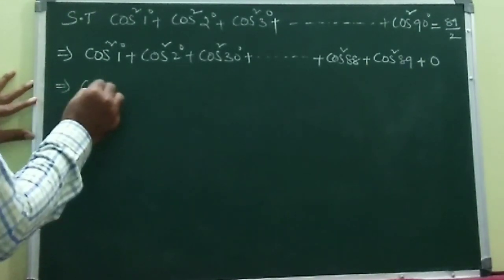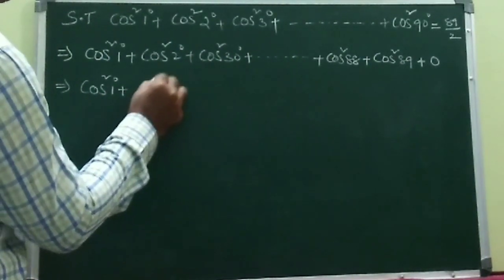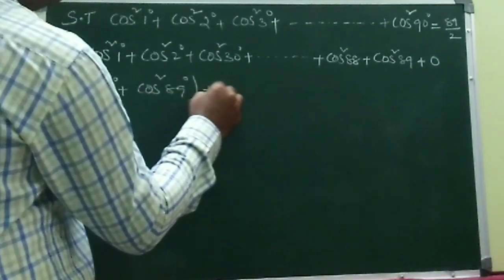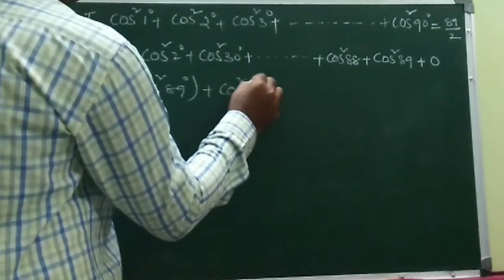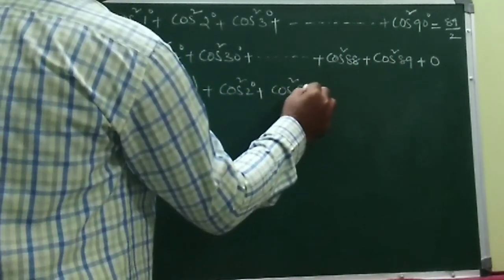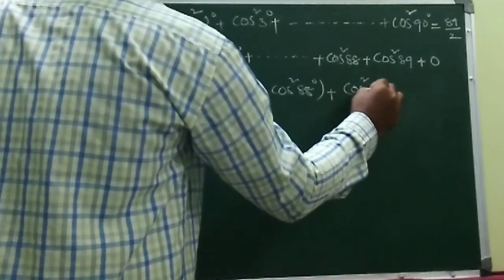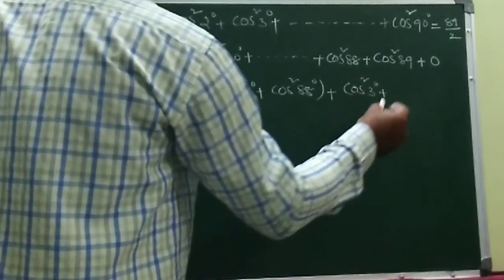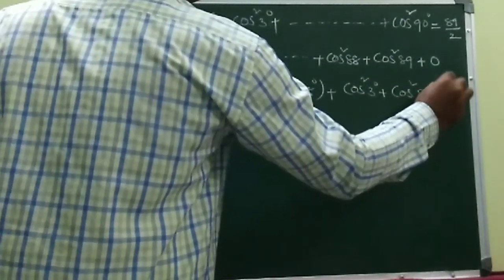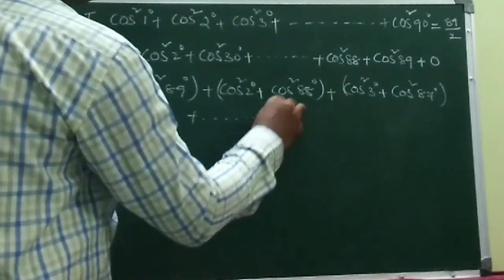So now you see here, cos square 1 degree, plus we write a combination as first and last, cos square 89 degrees as a pair, plus cos square 2 degrees, plus before that cos square 88 degrees as one more pair, plus cos square 3 degrees, plus cos square 87 degrees, plus so on, like this some formations.